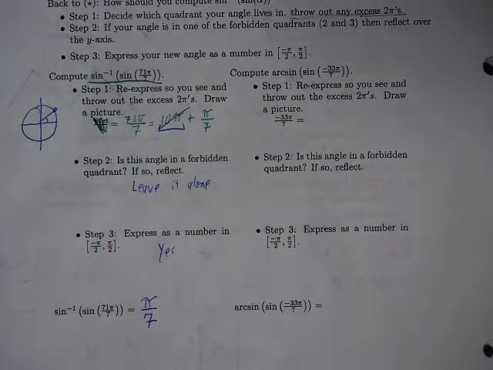What do you think we could do to check that? Sure, there's one of 2 good options. So let's do that. Let's compute the arc sine of the sine of 71 times pi divided by 7.